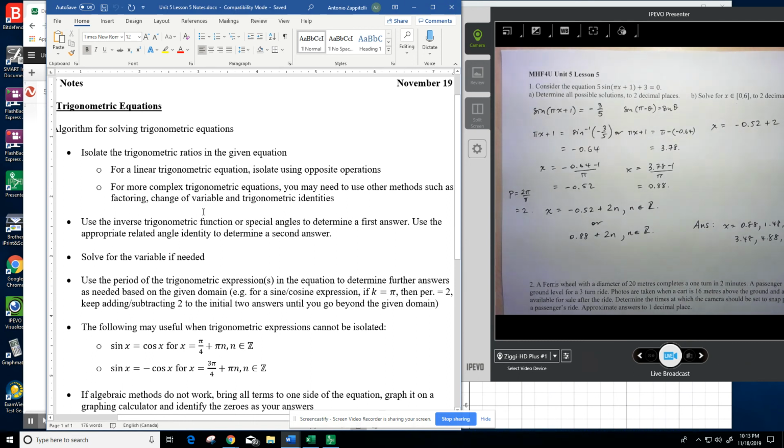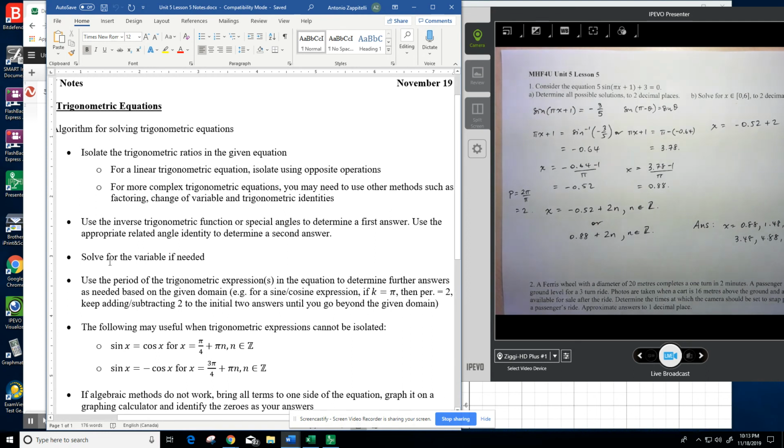Step number 2 is to use the inverse trigonometric function to determine the first answer. Notice here we're also talking about special angles, that means when we can find exact answers, and we'll take a look at that next class. So that's what we did here. We used our inverse trig function to find one answer, and then we used the appropriate related angle identity to determine our second answer.